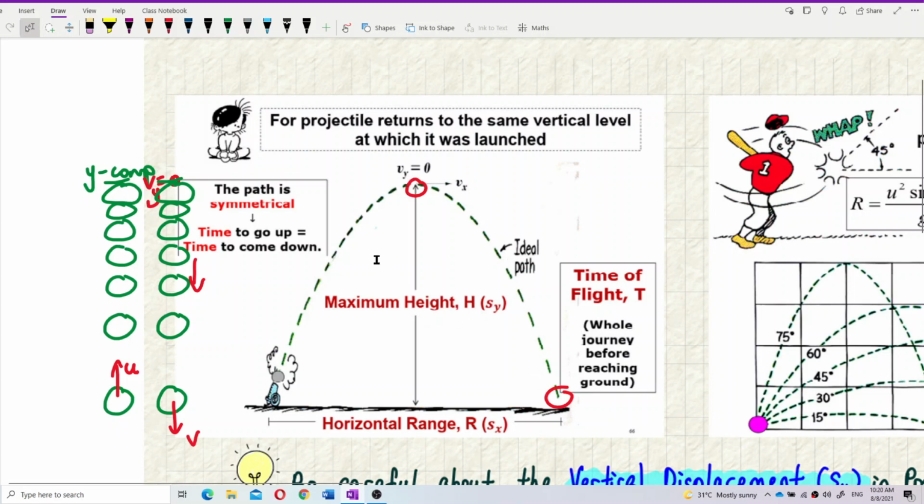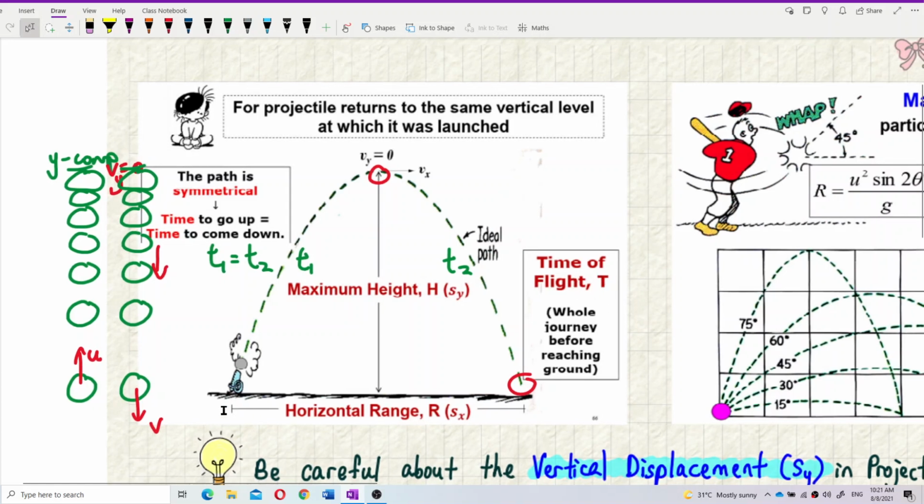So we can make this T1 and this T2. So we can say T1 is equal to T2. If you want to find the time of flight, the whole time, let's make the time of one part a small t.